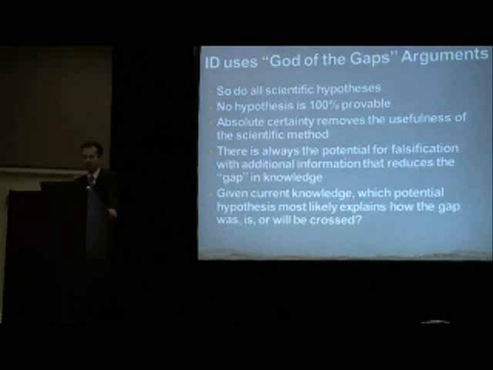Okay, what about the argument that intelligent design uses the God of the gaps argument? So do all scientific hypotheses. After a point, no scientific hypothesis or even theory is absolutely provable. Everything is open to potential falsification.